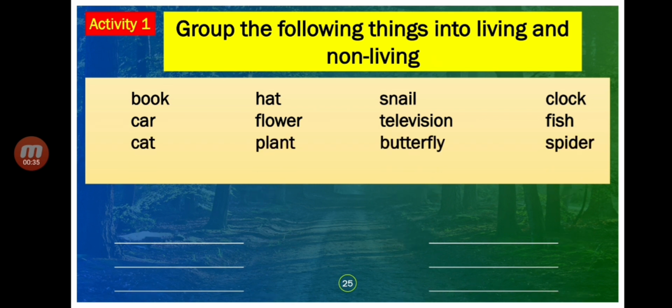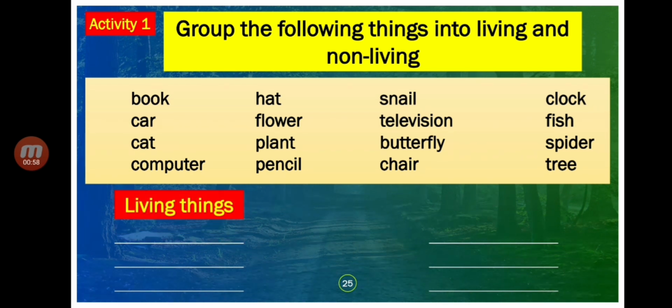Next, cat, plant, butterfly, spider. Next, computer, pencil, chair, and tree. Okay, so we are going to group those into their respective group, where they belong: living things or non-living things.